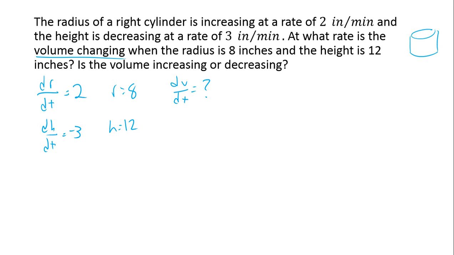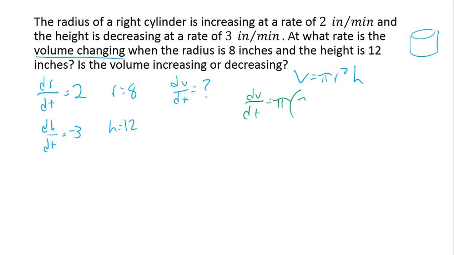Well, the volume of a cylinder is equal to the area of the base, which is pi r squared, a circle, times the height. Okay. So there's that. So now what we're going to do is find the derivative of this. Our derivative would be dV/dt is equal to pi times, and now we've got to do a product rule.